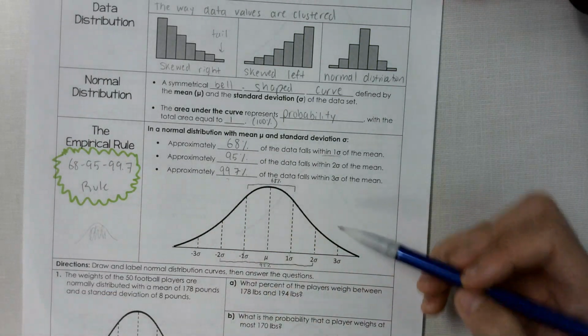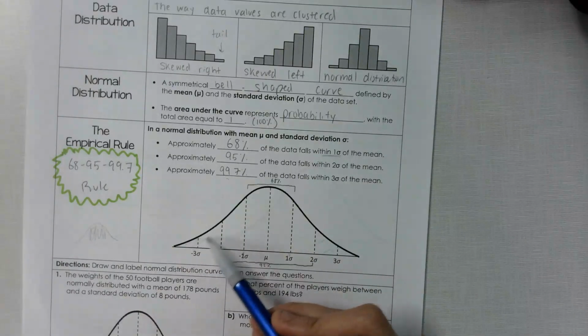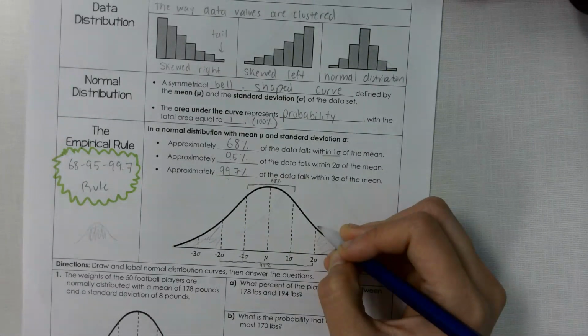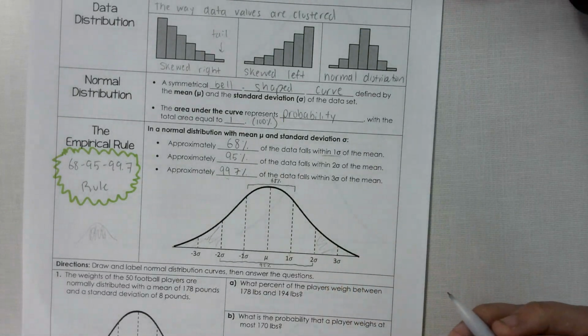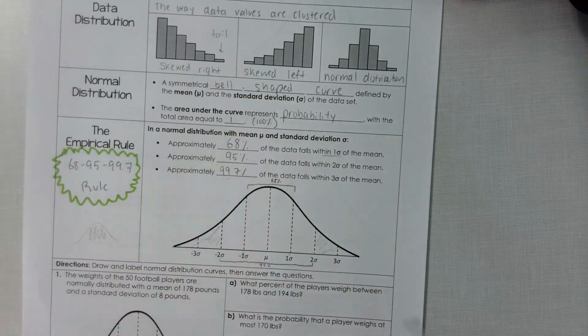So if we think this tail over here and this tail over here is only 5%, right? So this whole thing is only 2.5%, right? If we were to cut this in half, this whole side is 50%. So we want to be able to break it up.